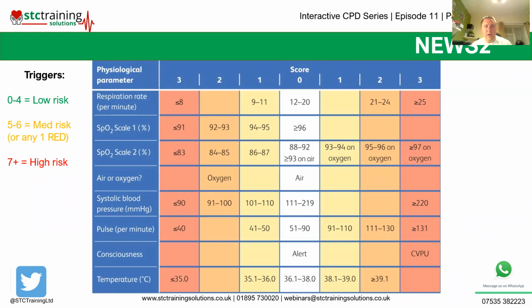So we look at the oxygen saturations, which has always caused confusion. It was initially taught incorrectly, I think, in quite a number of places. So scale 1 is for normal healthy adults traditionally. Scale 2 is for patients at risk of hypercapnic respiratory failure. So what does that mean? That means you're kind of card-carrying COPD patients that have reduced saturations on a normal day.